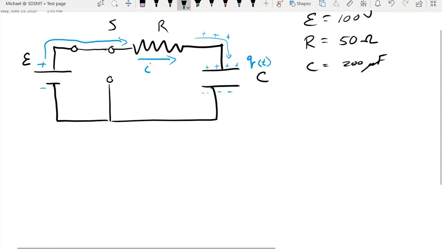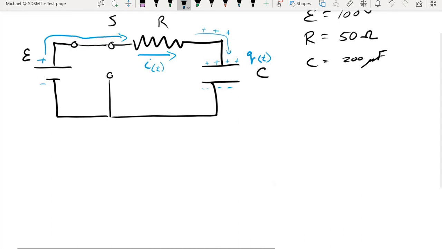As those charges slow down, well, that means that the flow of charge in the circuit is going to slow down. And that means that our current is now also a time-dependent function. And this is something that we've not yet encountered with the other circuit diagrams, is having a changing current value. We've always been using uniform current.